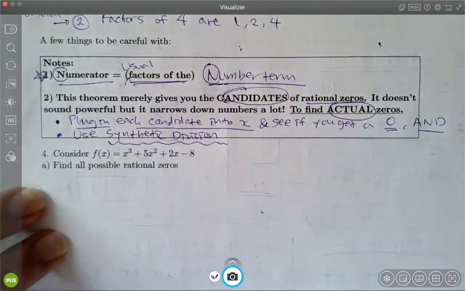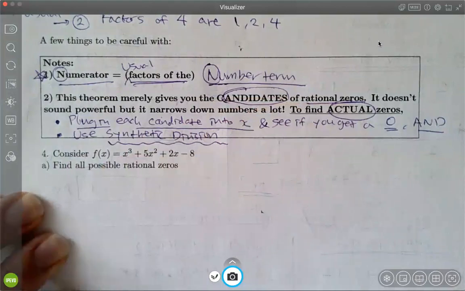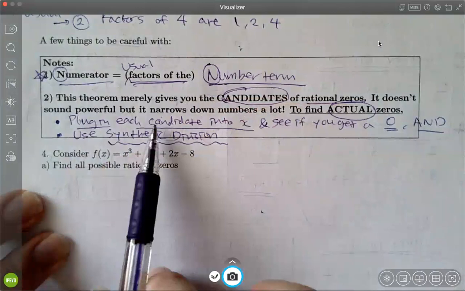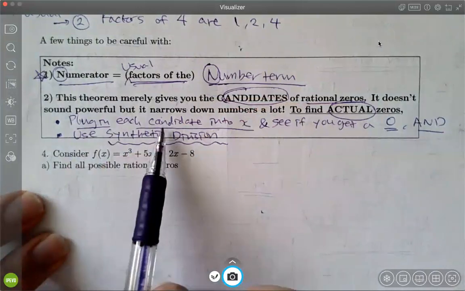Now, if you get lots of candidates of rational zeros, plugging each number into x can be quite a daunting task.